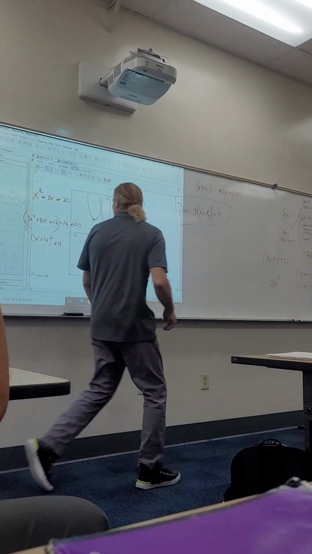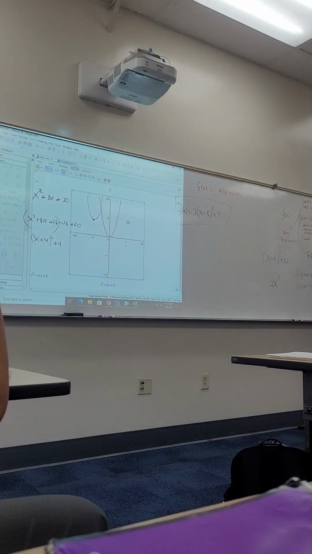Let's see how it goes. X squared plus 8x plus 20. Oh, come on. There, okay? Alrighty.